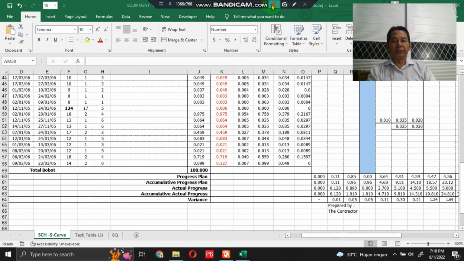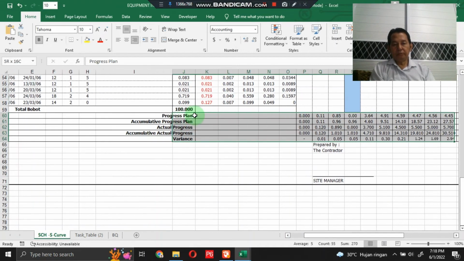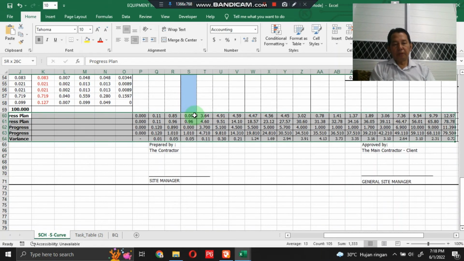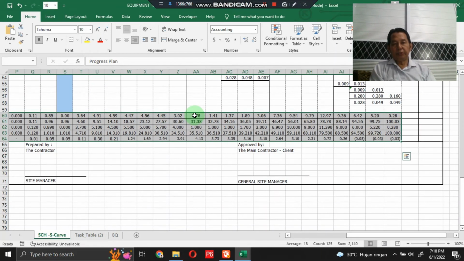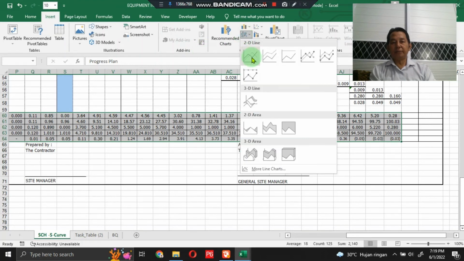Then we make the S-curve. First, we block this section till this. Then we insert a curve. Then select the type of line curve.